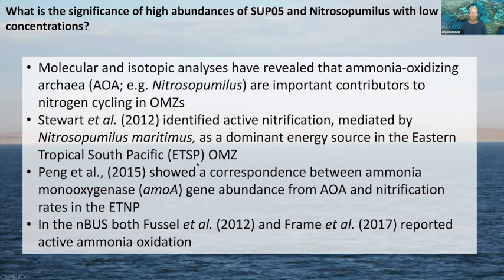In particular, Stewart et al. showed that it's a dominant energy source in the Eastern Tropical South Pacific OMZ, and Peng also showed that there was active ammonia oxidation and nitrification that corresponded with AOA in the ETNP. So it's really an important group of microbes. But also in the NBUS: Füssel and Frame both reported active ammonia oxidation in the water column in the NBUS.